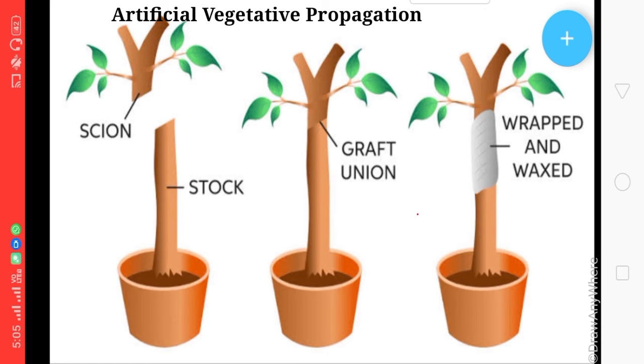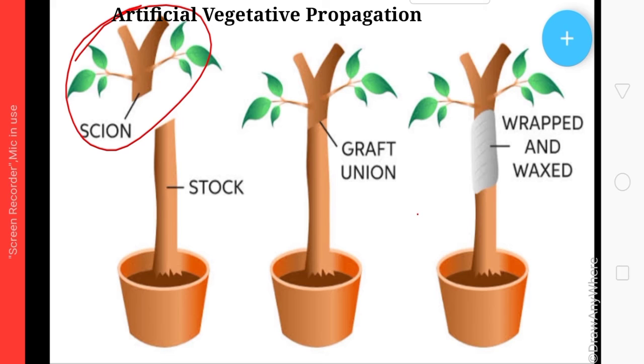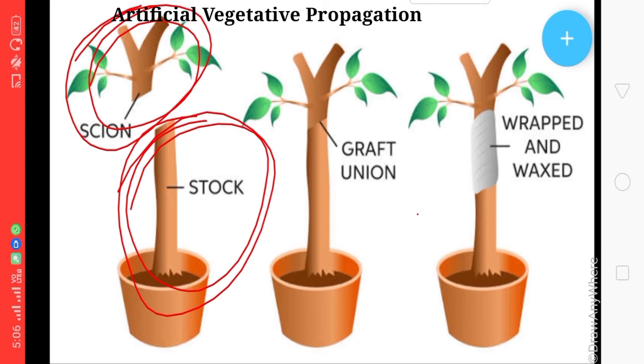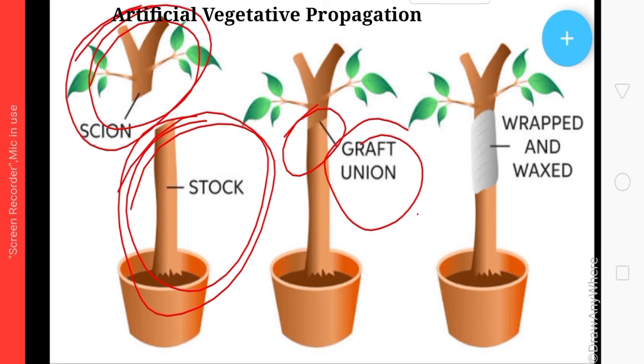So we select the shoot part from the flavorous mango plant, and the root part from the dwarf plant, which does not grow very tall. Now we take the shoot portion and the root portion and join them. This is called the graft union, meaning we are joining the two different parts.